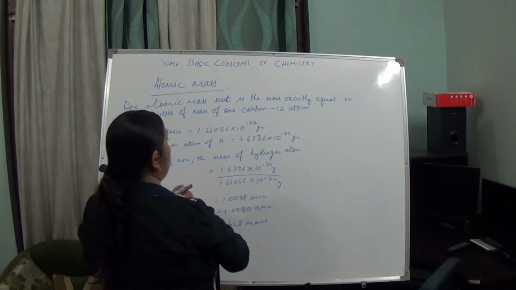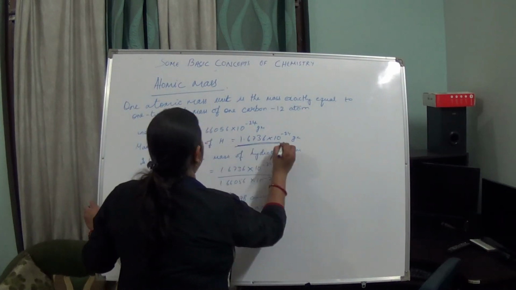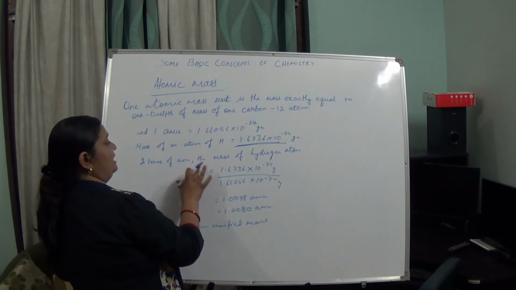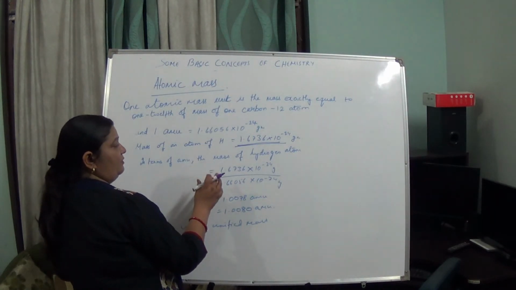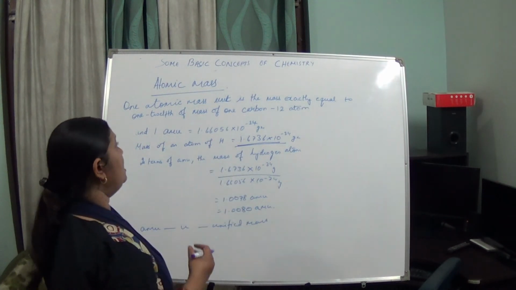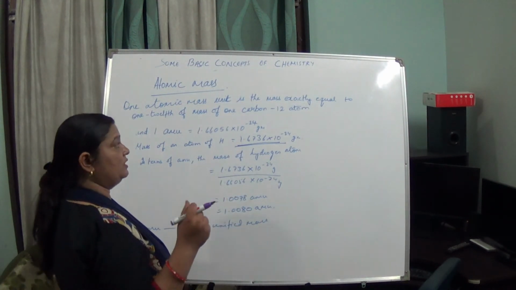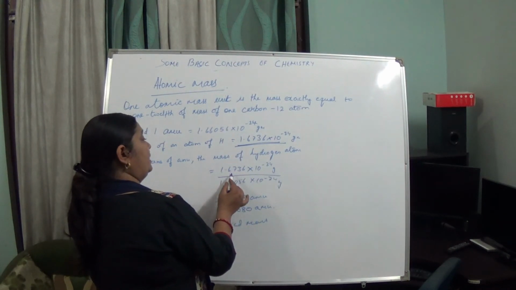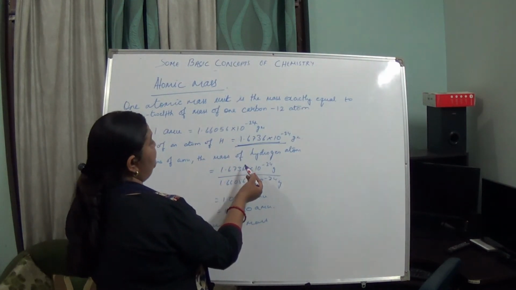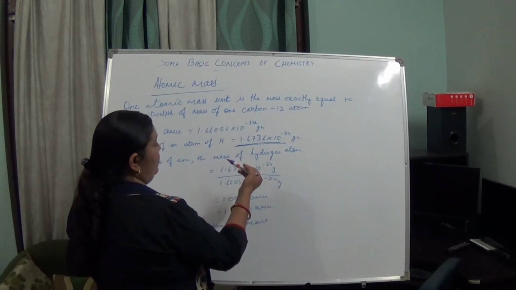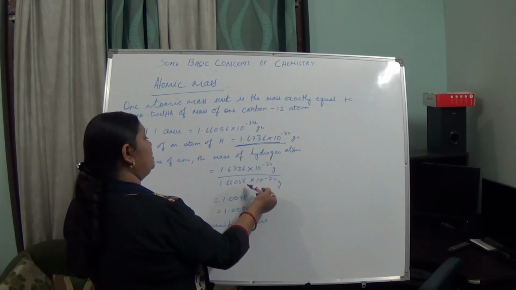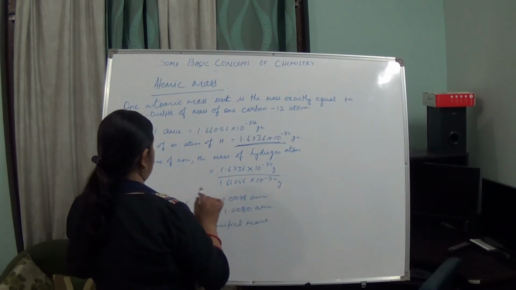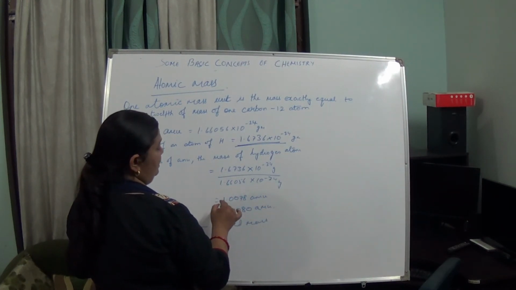If we want to express it in terms of amu, we write the mass of the hydrogen atom in the numerator and 1 atomic mass unit in the denominator, to get the mass relative to 1/12 of carbon 12.